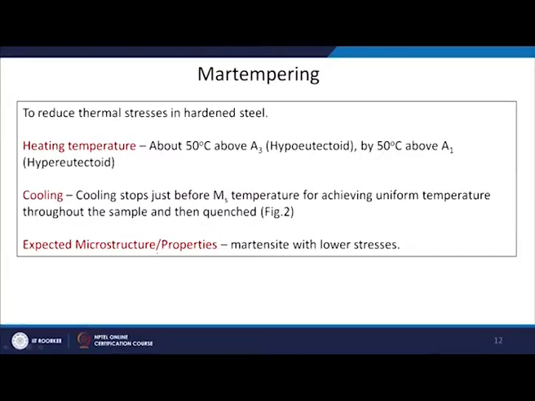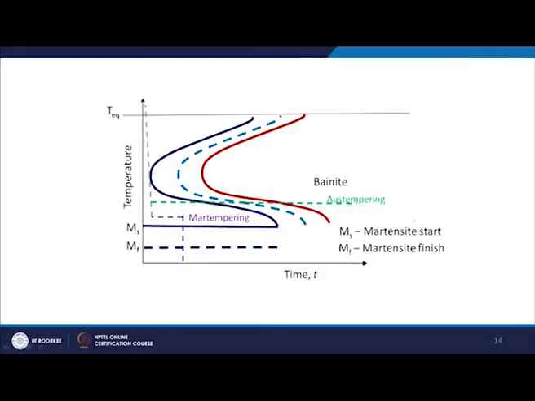The heating temperature is again the same as in Marr tempering, then cooling faster than the critical cooling rate, and then isothermal transformation in the bainite region. The expected microstructure is bainite, with good strength and ductility. This is what these two treatments are called.